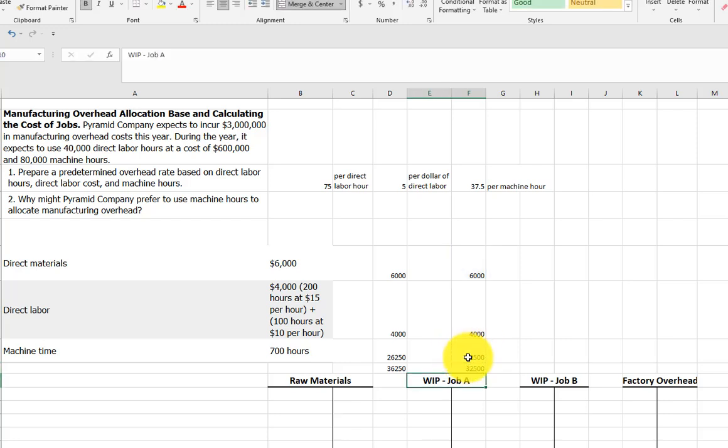It's really based on which one of those is the better measure of the overhead type activities and costs. Because you could answer how much this job costs two different ways, $36,250 or $32,500. And in reality, you would be right either way because we don't know exactly the overhead.